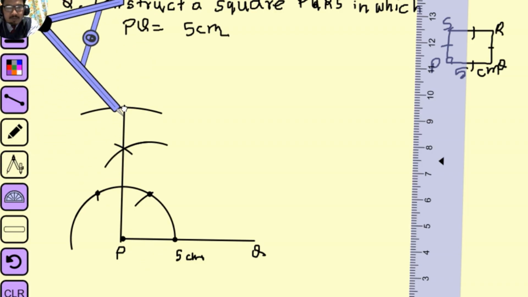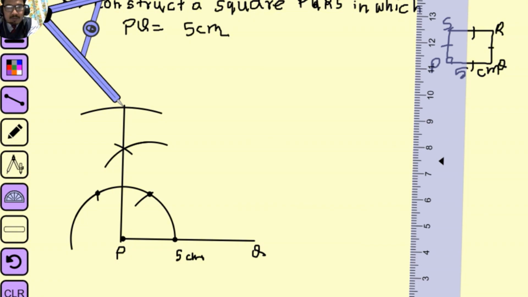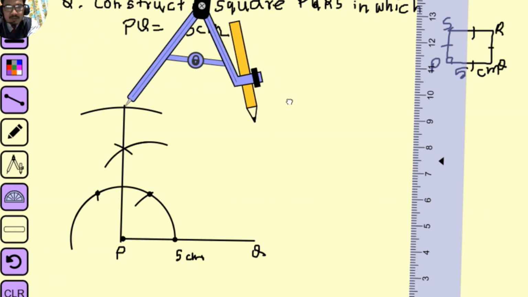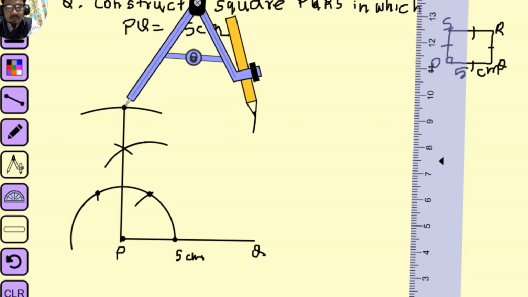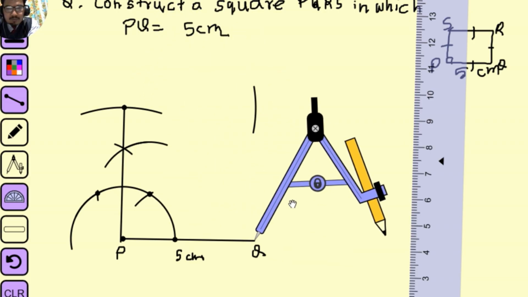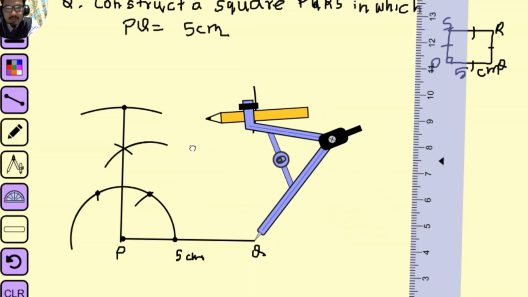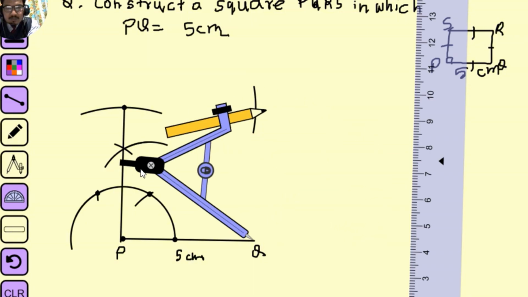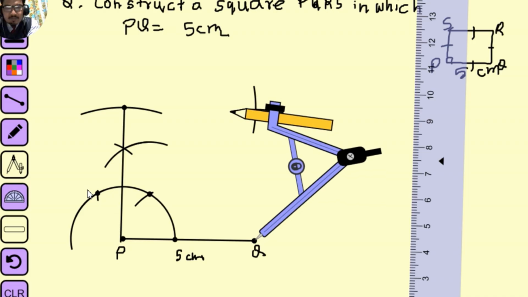And from here, wherever it cuts, from this point to here, this side also cut this 5 centimeter long arc. And now from this point Q cut up also here, like this from Q. This is also 5 centimeter.